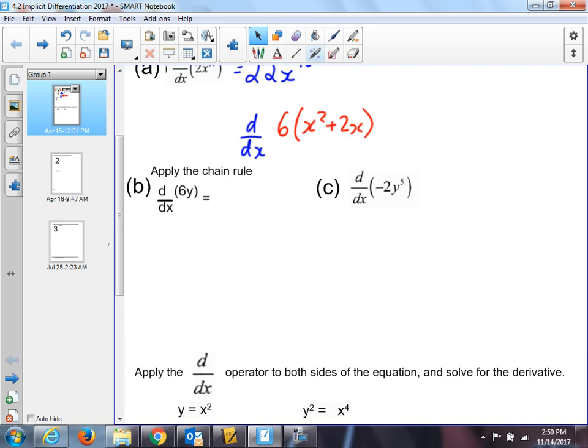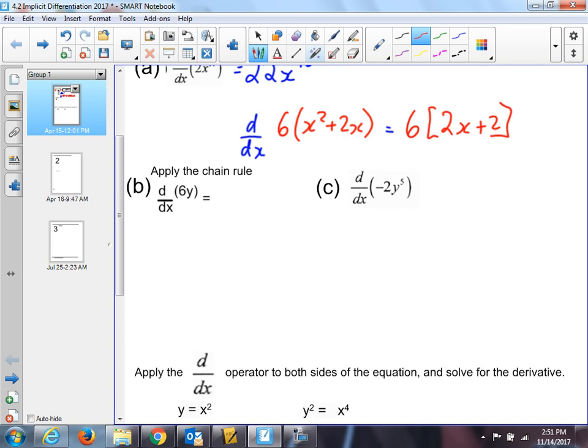Now the 6 is sort of to resemble this. You'd have to do the derivative, with the 6 times, what do you get as the derivative here? 2x plus 2. Okay. Does this make sense?